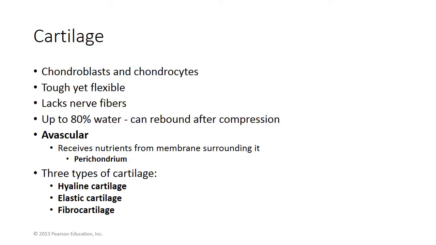Then we've got your cartilage. Now, three types, here they are down here. Three types of cartilage: hyaline cartilage, also elastic cartilage, as I mentioned earlier, and fibrocartilage. There's not a good blood supply within the cartilage.